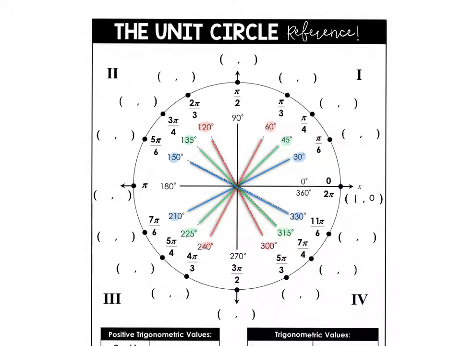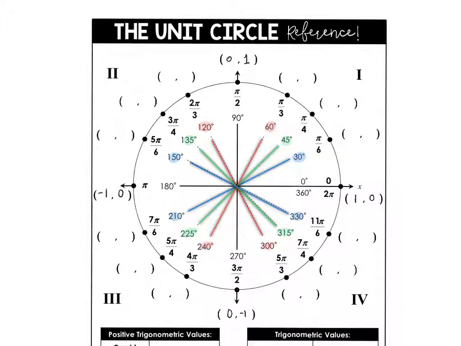And on top here, x is 0, y is 1. Then I go to 180 degrees, I should have -1 and 0. At 270 degrees, the black dot on the unit circle should have 0, -1. Okay, so that's my basics.